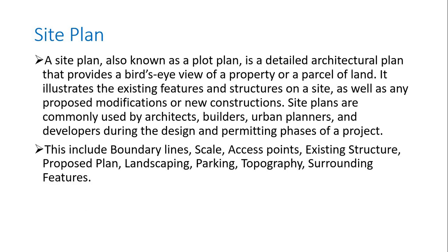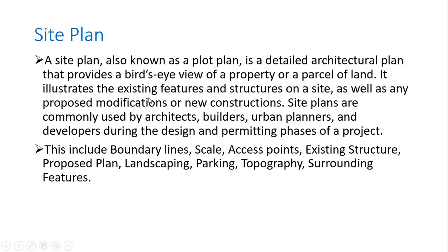We also specify our access points, which include entrance and exit and all kinds of paths, existing structures, and the plan which we are going to make, and the landscaping, in which greenery and parks are included, the parking spaces, and also the topography, meaning the natural and man-made features. Some surrounding features may also be included in our site plan.